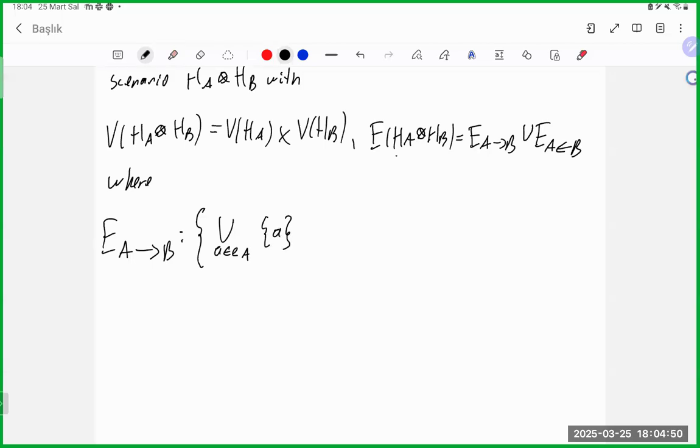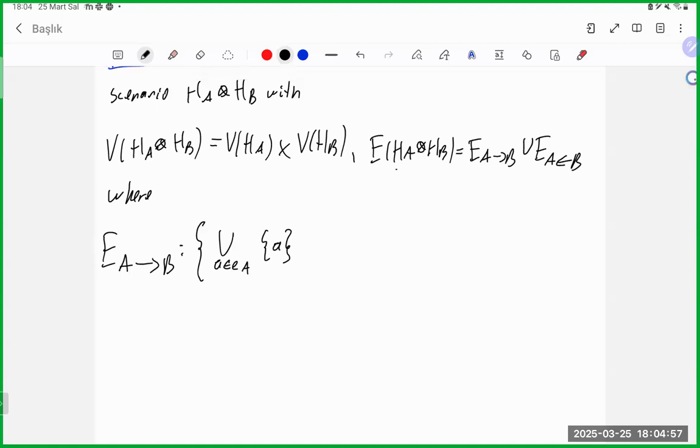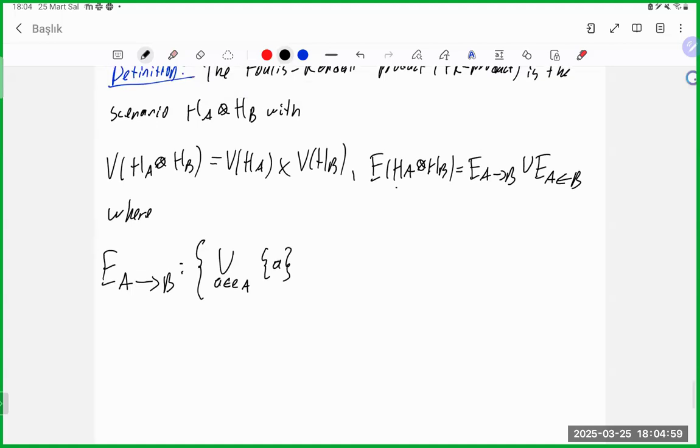It is a union, and if we look at an element of the union, for A to B, we will choose an element of a specific edge of the first scenario, cross, then we have a function.